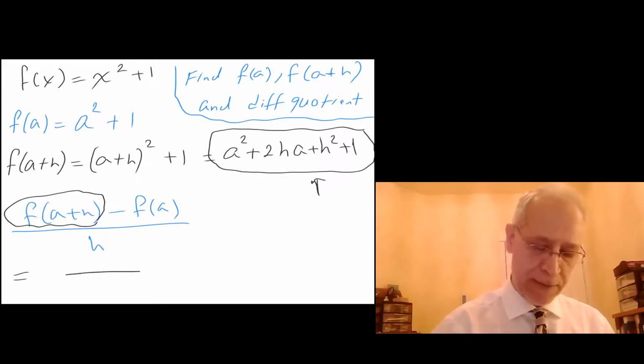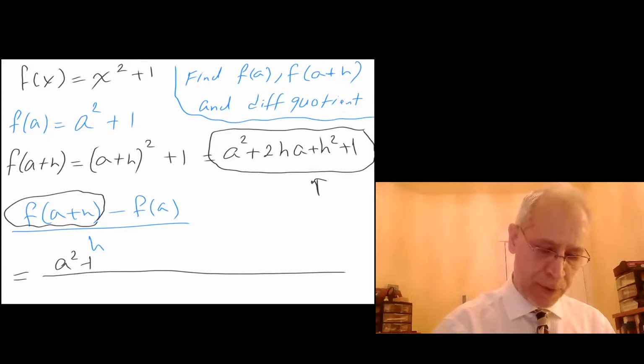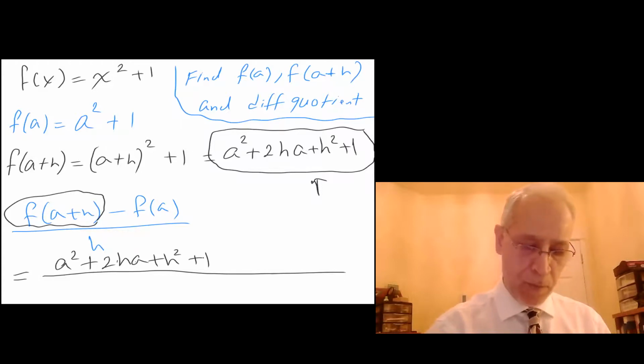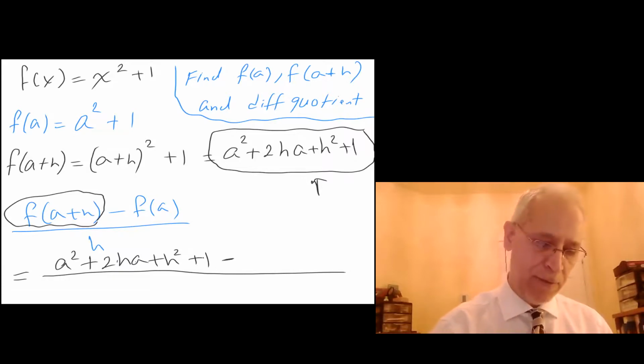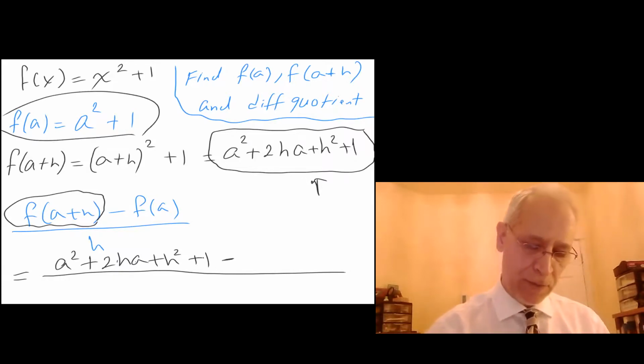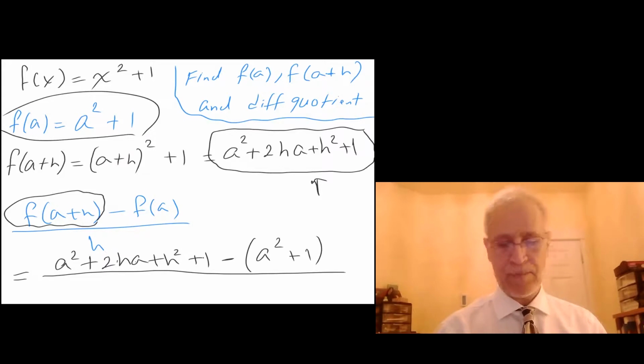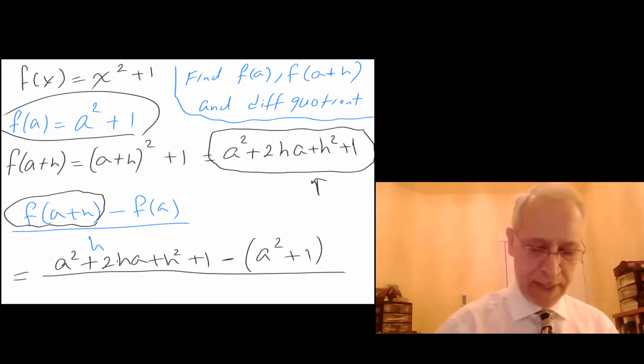I have it as a to the second plus 2ha plus h to the second plus 1 minus f of a right here, which is minus a to the second plus 1, all over h.